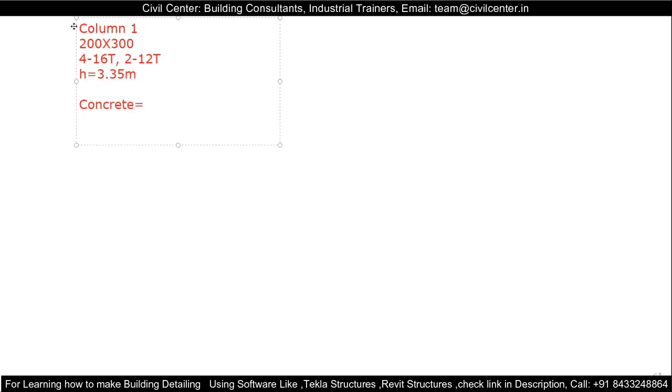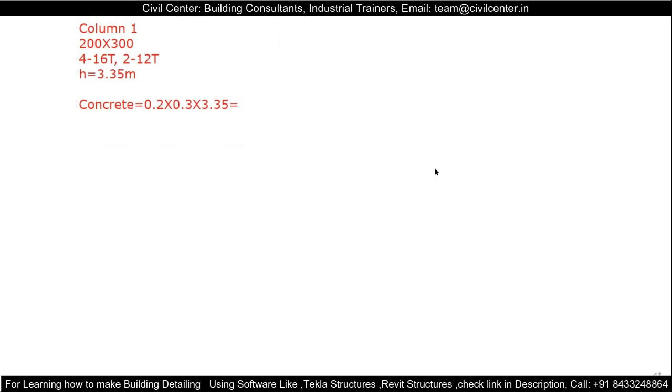So over here, we have a cross section of 200 mm by 300 mm. So we will convert it in the meter. So we can write it as 0.2 into 0.3, and then we need the height of the column. And that is 3.35. So this is the total volume of the column. So let's calculate it using the calculator.